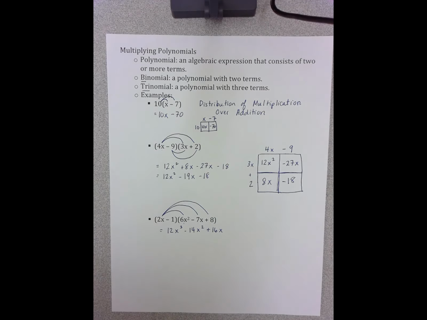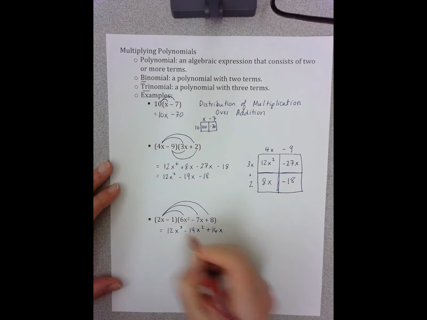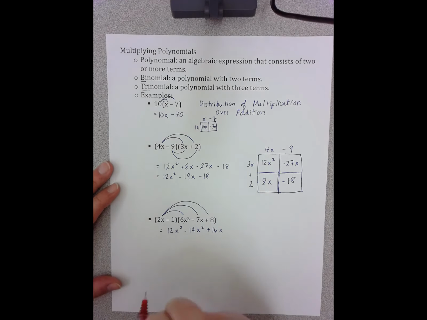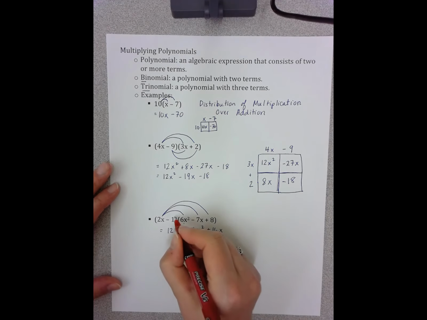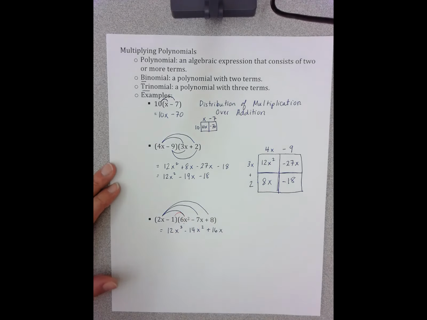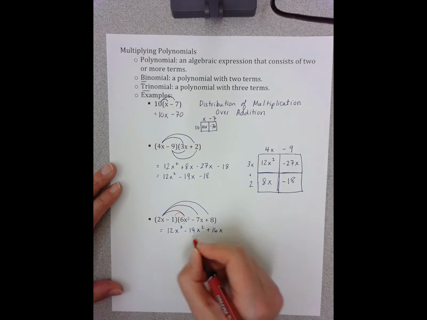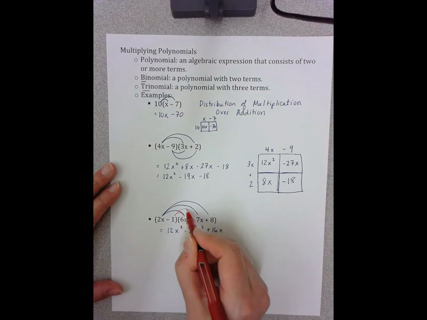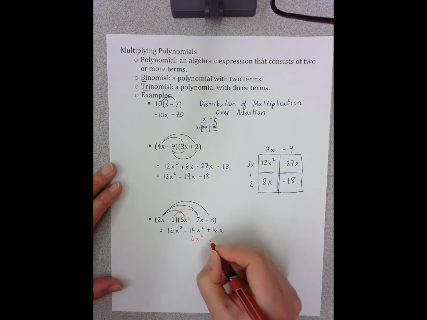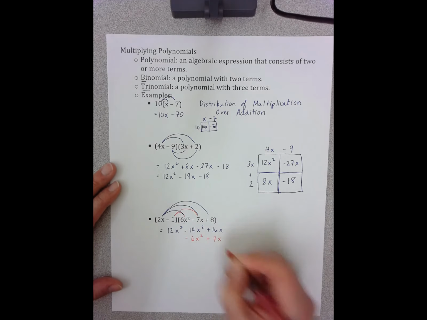And then I have to do this again with the negative 1. I unfortunately have left very little room to do that, so I'm going to do red pen and you go over still instead of the under. So negative 1 times 6x squared, that's negative 6x squared. Negative 1 times negative 7x, that's positive 7x.